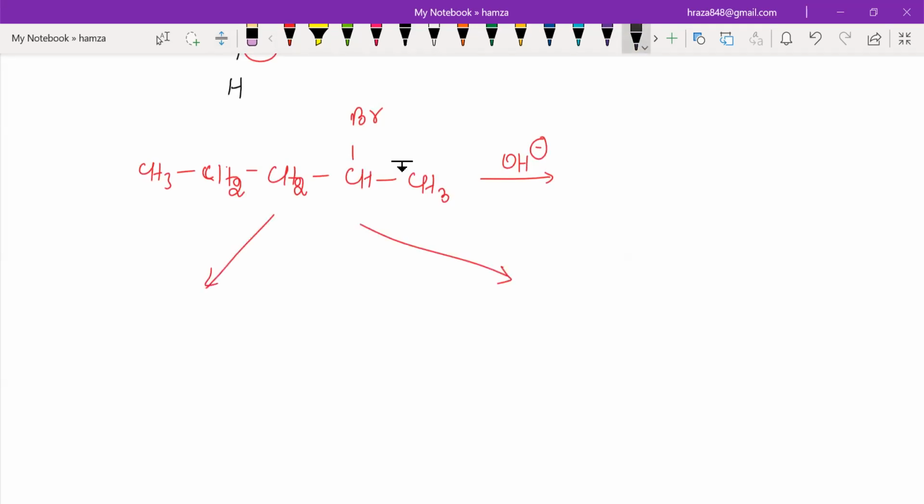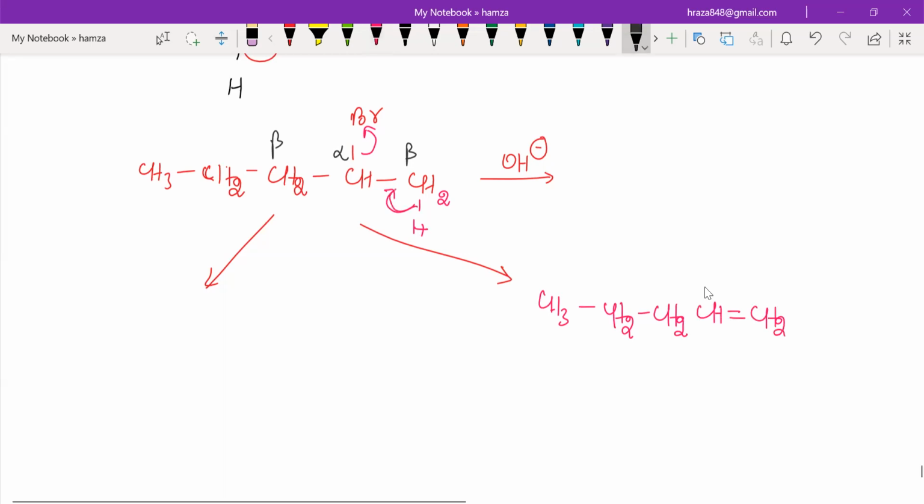Because this is the alpha carbon, so this is a beta carbon, and this is a beta carbon, and both beta carbons have hydrogen. So if I write it like this, CH2H, what happens here? It will take its electron, and this bond will shift to here, and CH3 CH2 CH2, and there will be CH double bond CH2. This bond will come here.